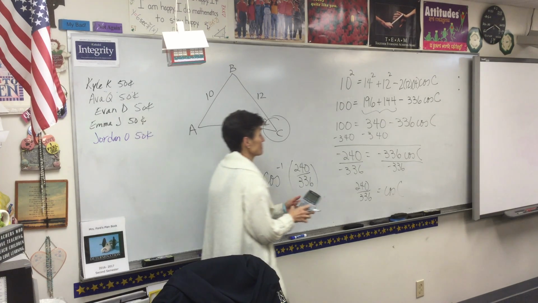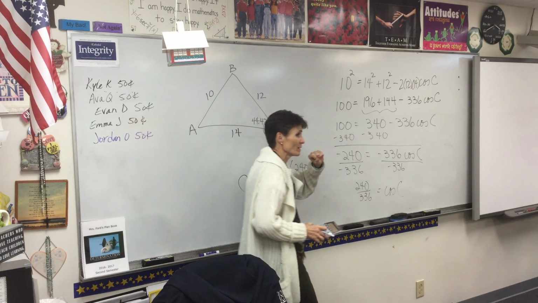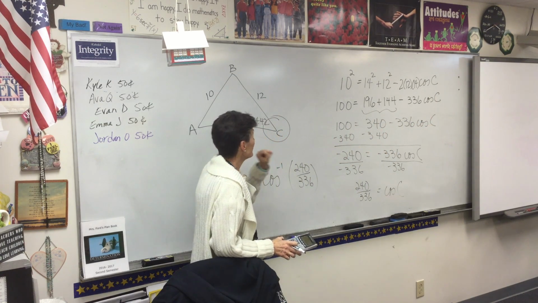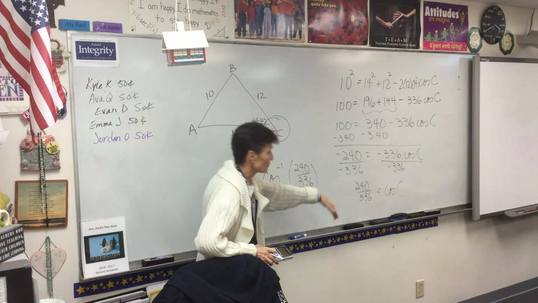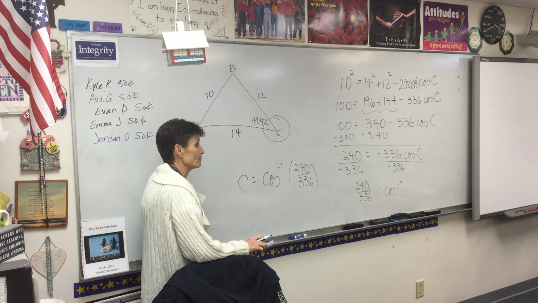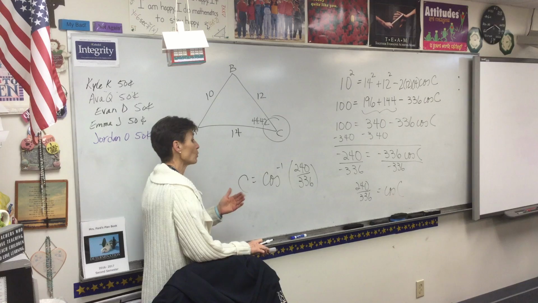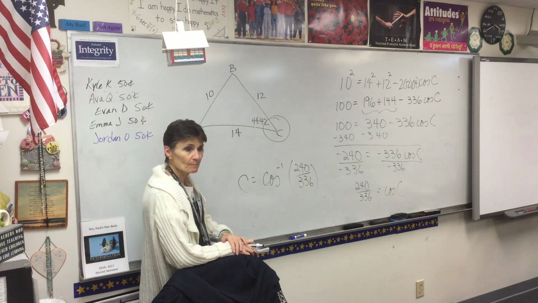Now, it is possible to type this all in at once, but you have to be really careful about how you do it. So unless you're getting 44.42, why don't you go through the steps? It's just easier to make sure we get it right. So if the question said, find the smallest angle, we're done.